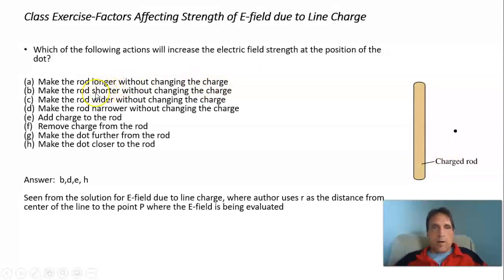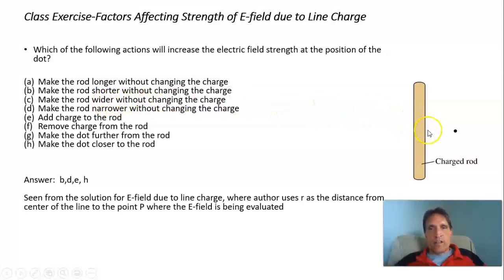Okay, what about part B here? Okay, suppose that we keep the amount of charge Q the same, but the length of the charged rod is shorter. Well, that means that the charge density, charge per length, is greater, right? Same amount of charge, shorter length, greater charge density. That is going to increase the strength of the electric field. Okay, so B will increase it. What about C? Make the rod wider without changing the charge.